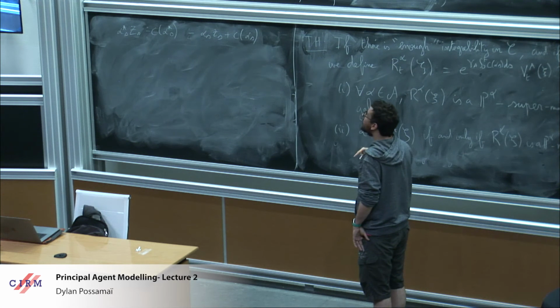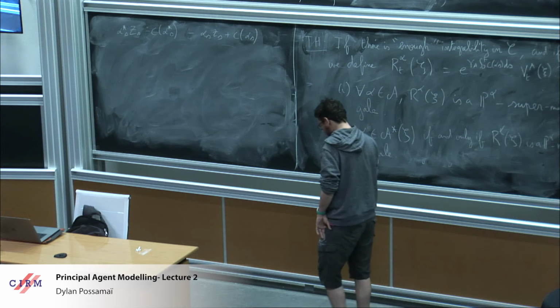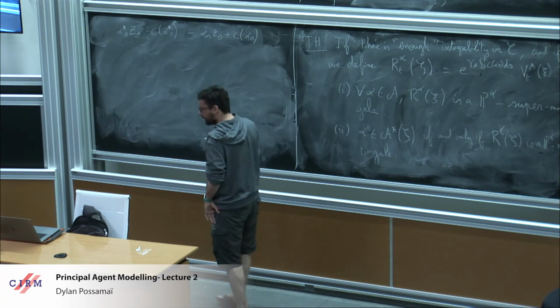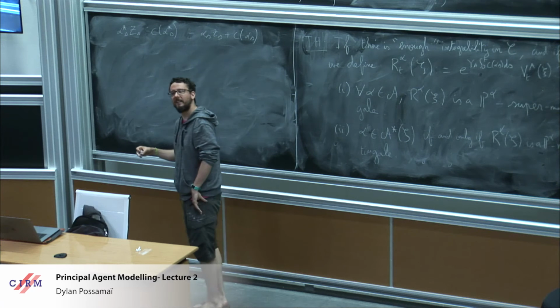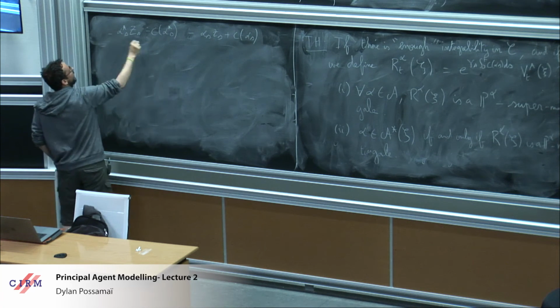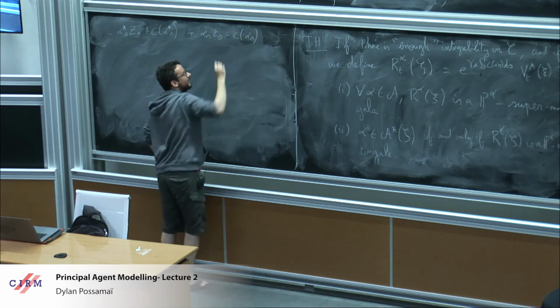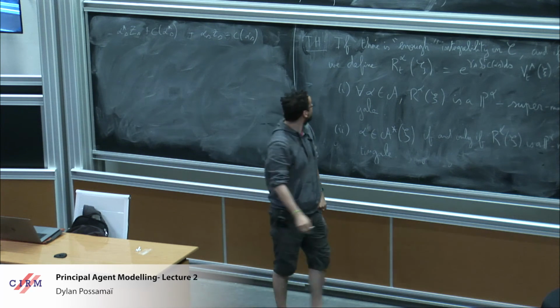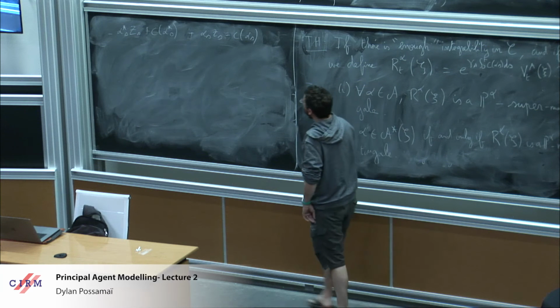So if I have a super Martingale, this decreases, so the drift should be negative, right? So if the drift is negative, then I need this everywhere. All right?